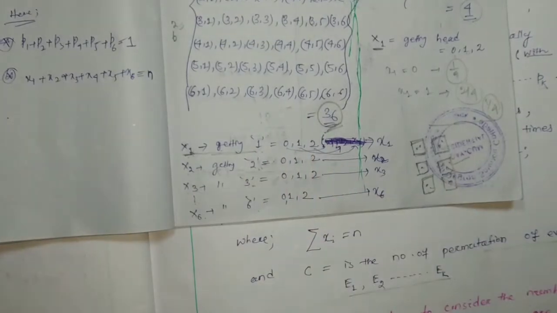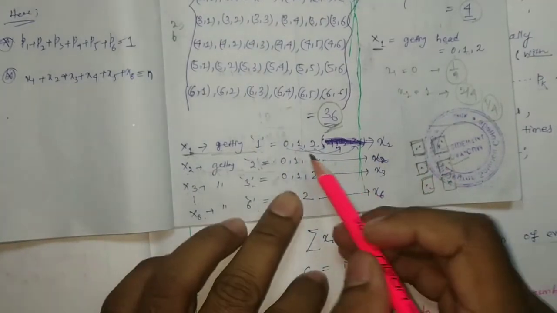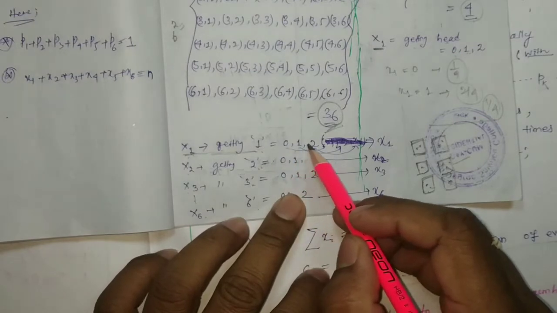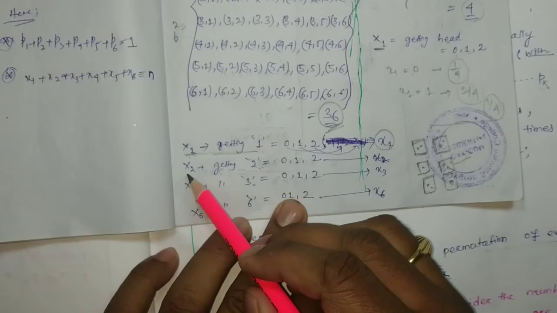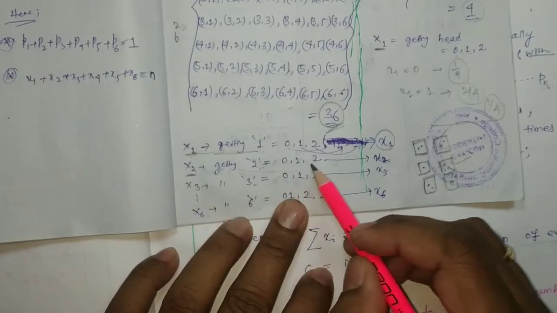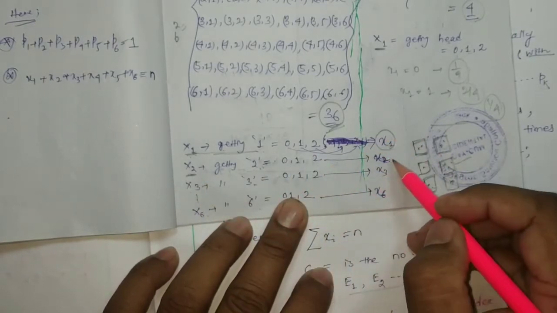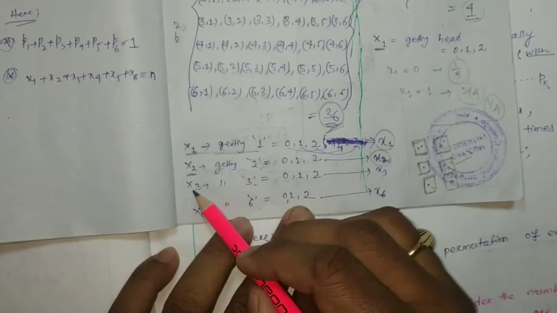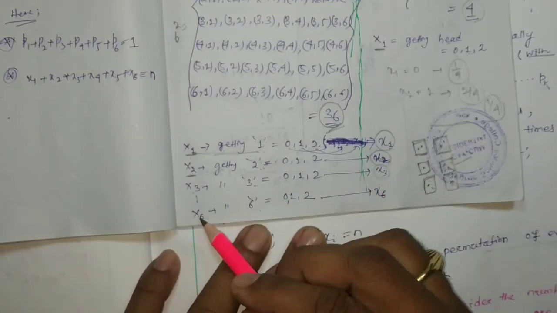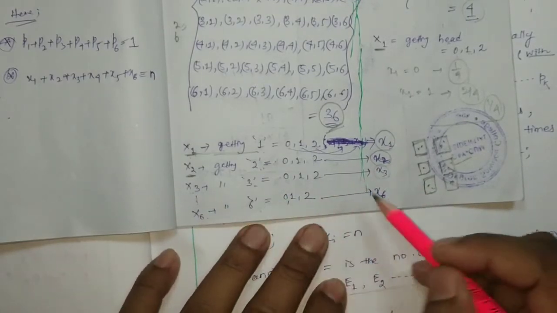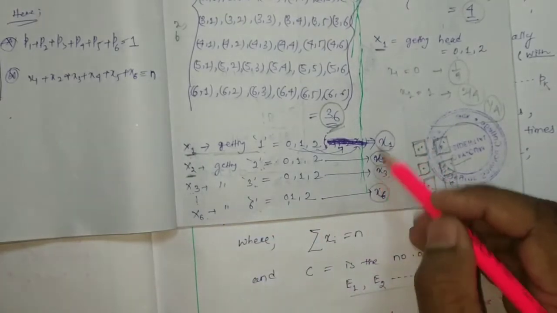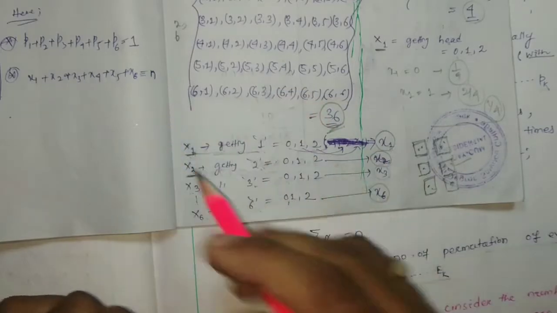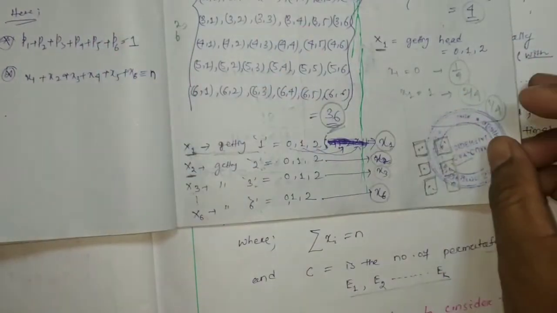Here any one of the numbers represents X1, for random variable X2 any one of the numbers you consider x2, for X3 small x3, and for capital X6 getting 6, any number represents x6. Why I'm telling this: these are the requirements for our further discussion.